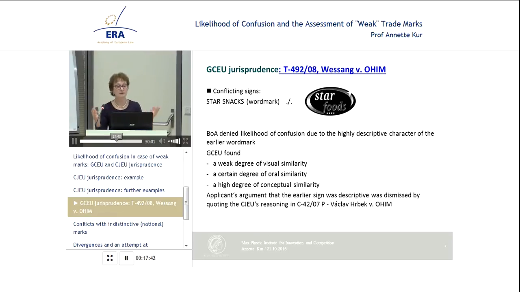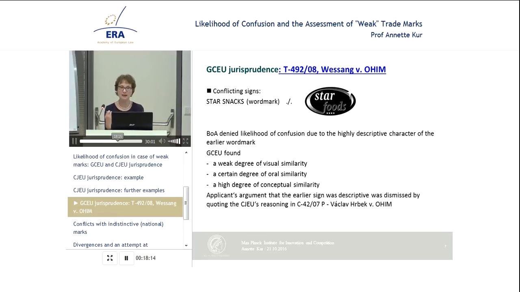Nevertheless, the General Court, applying all the criteria, found a weak degree of visual similarity, quite obviously, because one is figurative, one is a word mark. Then a certain degree of oral similarity, yeah, sure, because both have the word star, and a high degree of conceptual similarity. Now, I find that a little bit ironic, because the high degree of conceptual similarity comes out of the fact that both, of course, use this descriptive element.